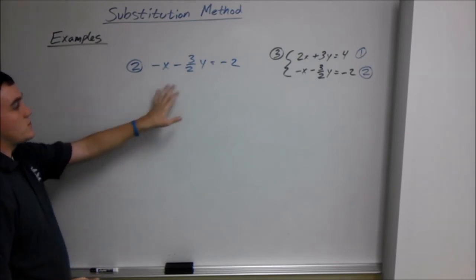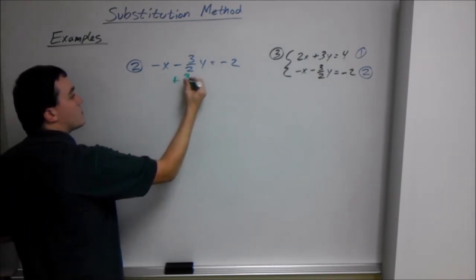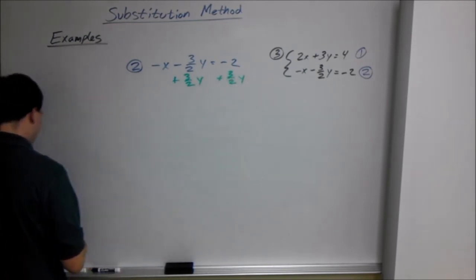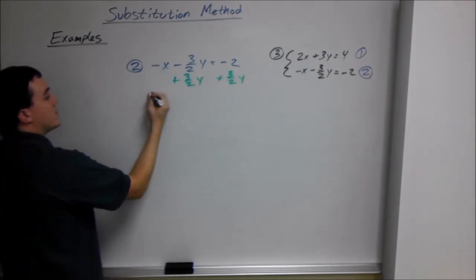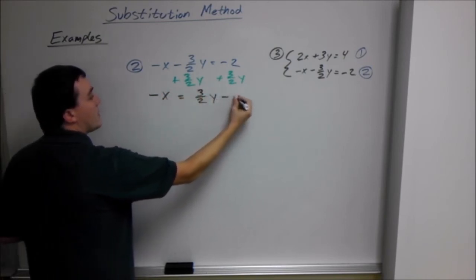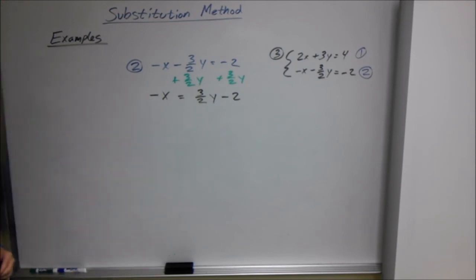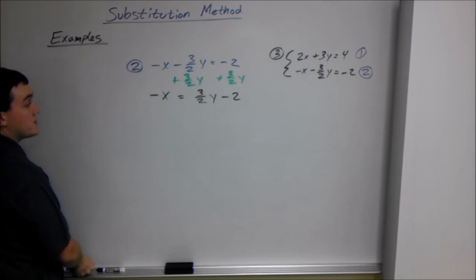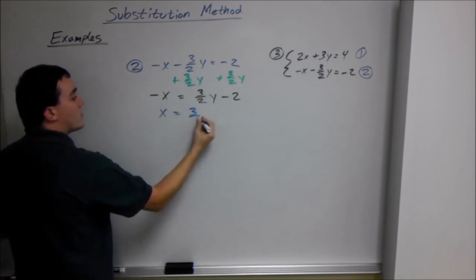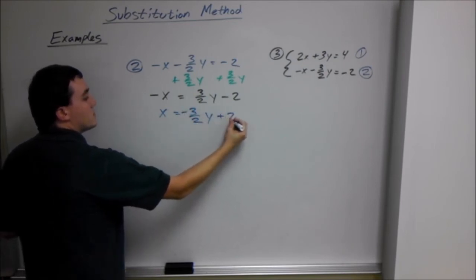If we're solving for x, we can move our y term over by adding 3 over 2 y to both sides. So we get negative x equals 3 over 2 y minus 2. To get rid of the negative, you divide by negative 1, but essentially you're just flipping all the signs. So x equals negative 3 over 2 y plus 2.